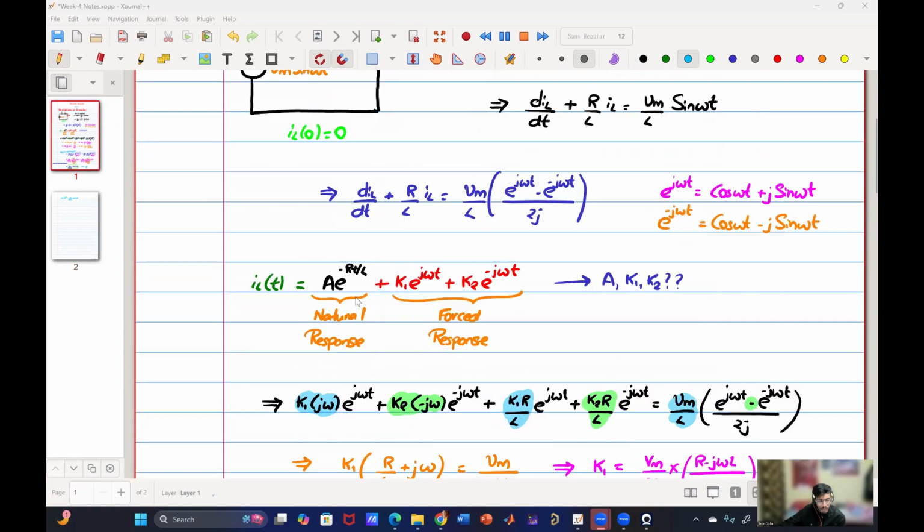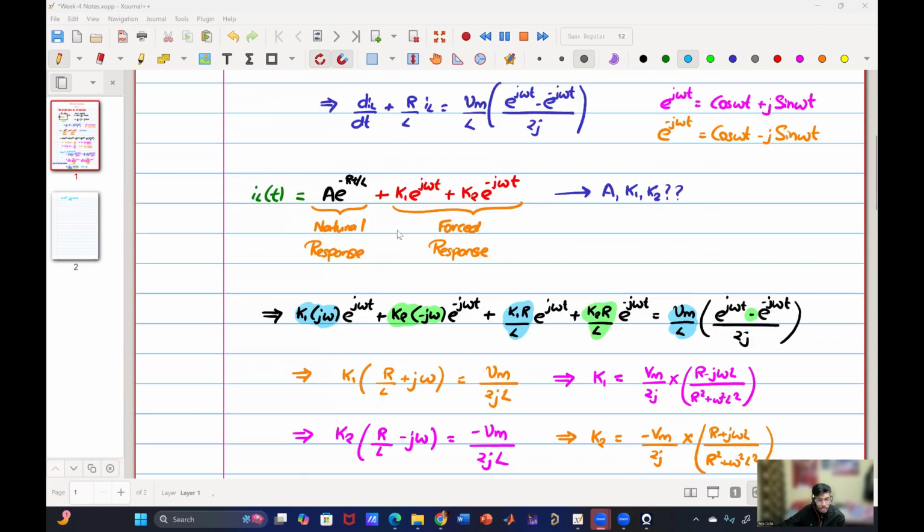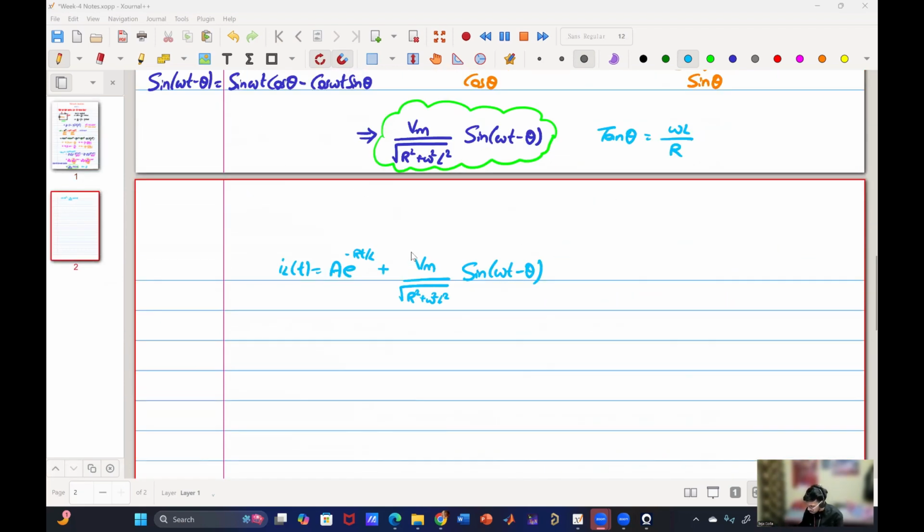So now how will we find the A? We have to substitute iL of 0 equals 0. So the initial condition is iL of 0 equals 0. Once you substitute that, what you will get is A plus Vm by square root of R square plus omega square L square minus sine theta equals 0.